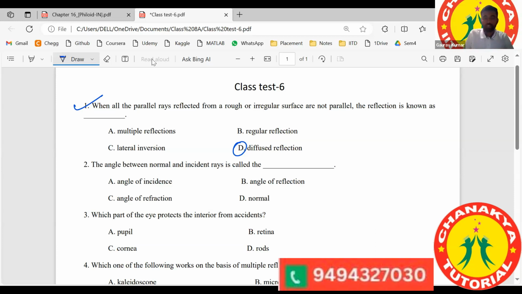So there are two types of reflection. One is regular reflection, the other is diffused reflection. Let's say there is a rough or irregular surface.